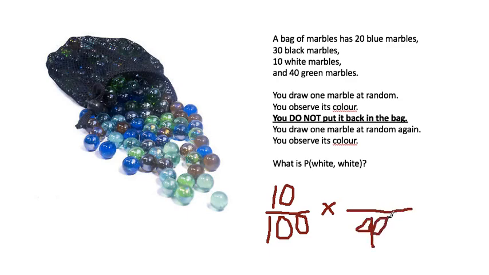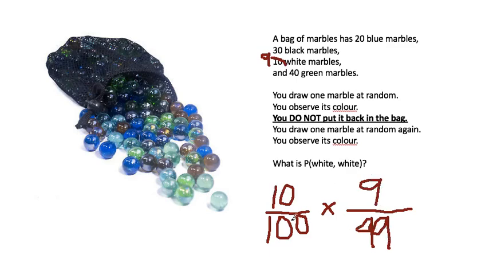And this is kind of the hardest idea to get your head around in this bit: if I'm assuming that when I took a marble out the first time it was white, it means that now the composition of marbles in this bag is 20 blue marbles, they're all still in there, 30 black marbles, and not 10 white, but now it's gone down to 9 because I took that white marble out, I didn't put it back, and 40 green. So I have 99 total marbles, but only 9 of them are white. So the probability of getting white a second time is now 9 out of 99.